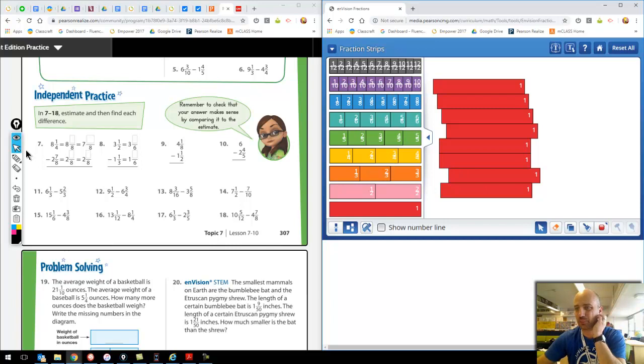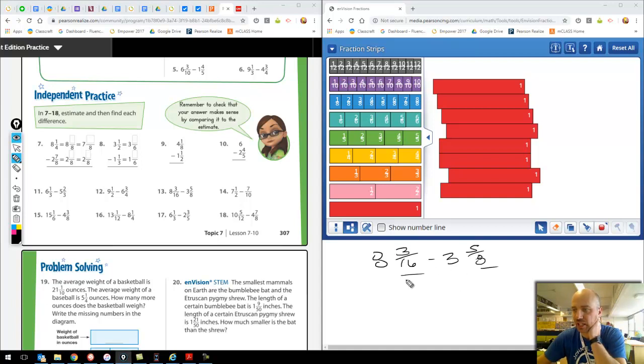We don't have 16ths up here, so I'm not going to be able to model that. So I'm just going to have to do the math. That's okay, we can do this. Think that I have 16ths here, and there's 3 of them, 3/16. So let's take 8 and 3/16, and then you take away 3 and 5/8.